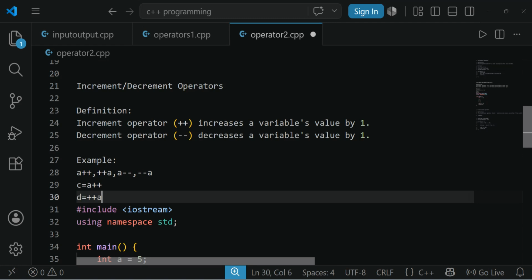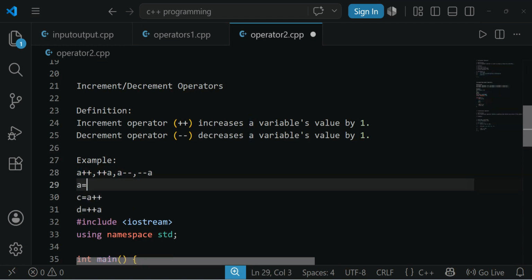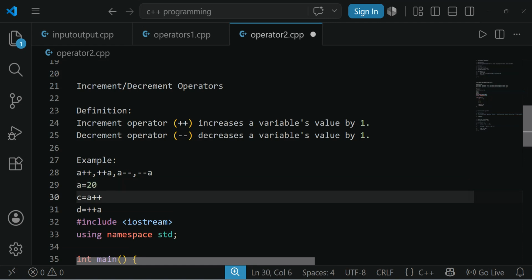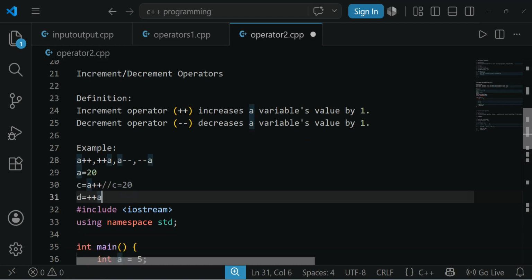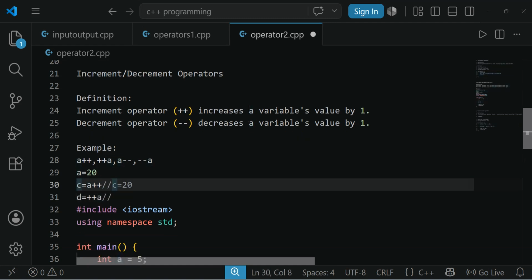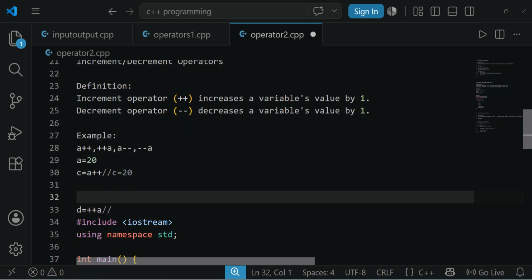Another important thing is that we have initialized A as 20. Now when C is equals to A plus plus is written, what can the output of C be? The output of C is 20, whereas coming to here, consider this as a different thing. Here in another program I have written like this.